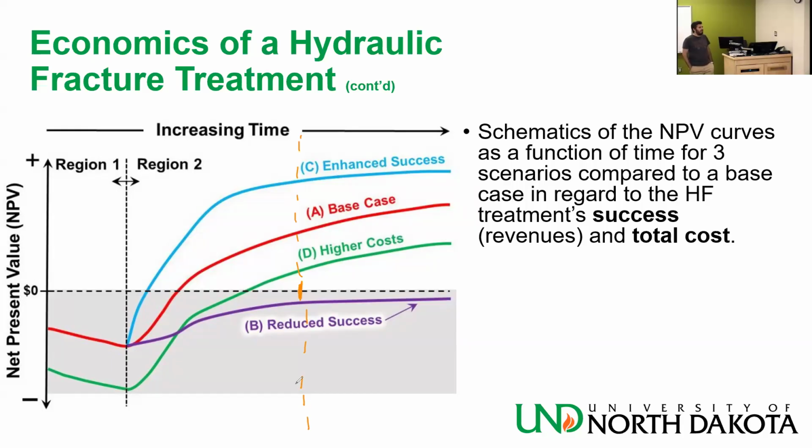The refracture is going to cost me maybe $100,000 or $200,000 if the original fracture cost me 150. But $200,000 is going to be a cost, and it would also be discounted. When I'm measuring the net present value, I'm measuring the net present value today.